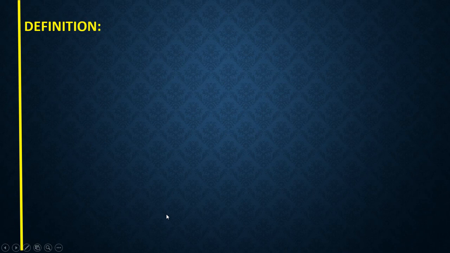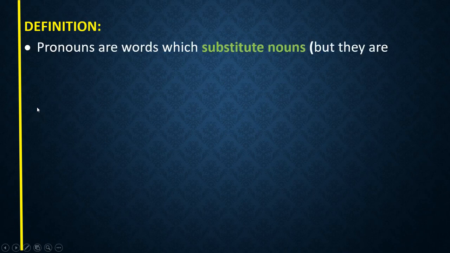So for starters, let's look at the definition of pronouns. Pronouns are parts of speech. When we talk about parts of speech, we talk about nouns, pronouns, adjectives, verbs, adverbs, conjunctions, prepositions, among others.